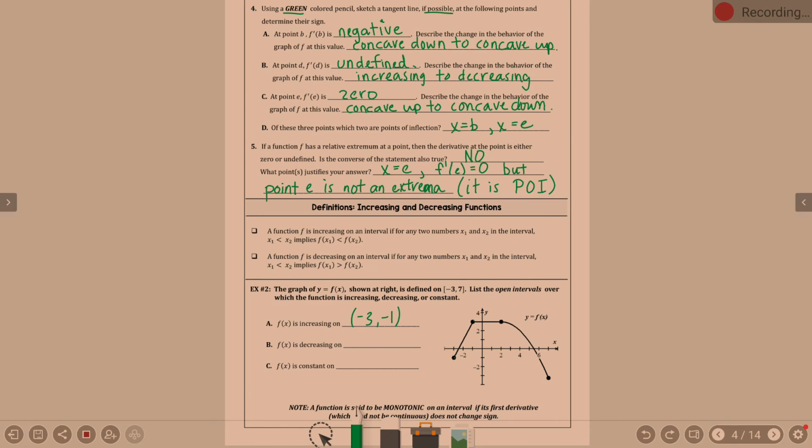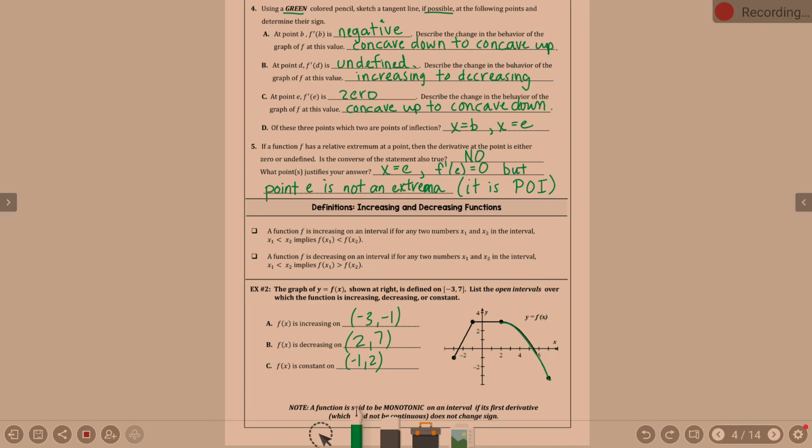She might have used inequalities in hers. When are we decreasing? From 2 to 7. And in what interval are we constant? -1 to 2. Okay, those were easy to fill in.